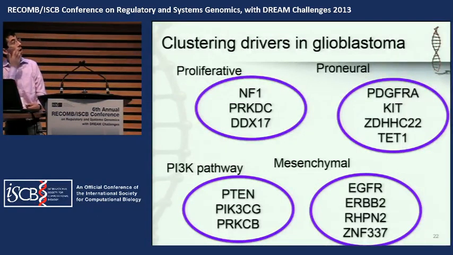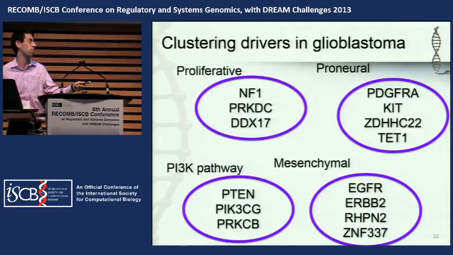When I did it with actual glioblastoma data, I ended up with about 80 driver genes that grouped into 4 clusters. I'm only showing a small amount of names, but basically it seemed to be proliferative genes that are contributing to glioblastoma proliferation, genes that represent activation or aberrations in the PI3K pathway, and genes that represent the mesenchymal subtype and the proneural subtype, including known genes that drive the relevant types.